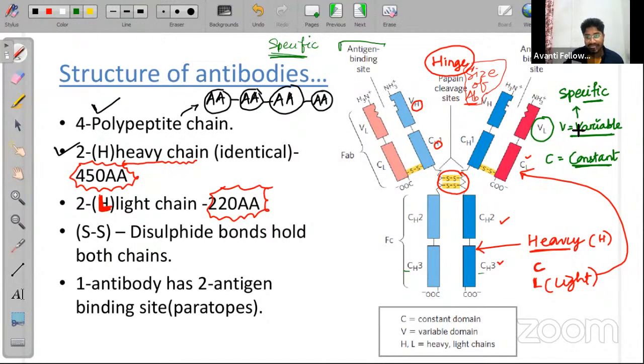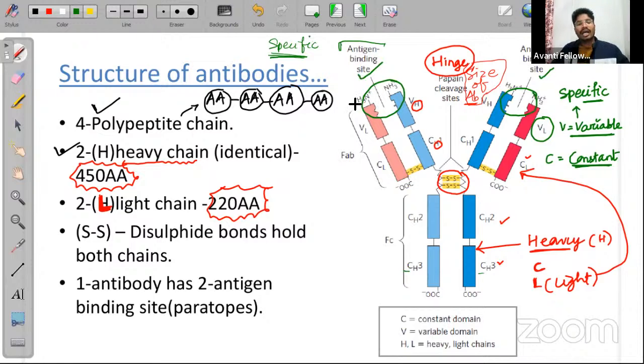Right? And in this variable region, you can find some location where antigen can come and bind. I marked this in green color, see, there are two such regions. That is your antigen binding site. These are the antigen binding sites.